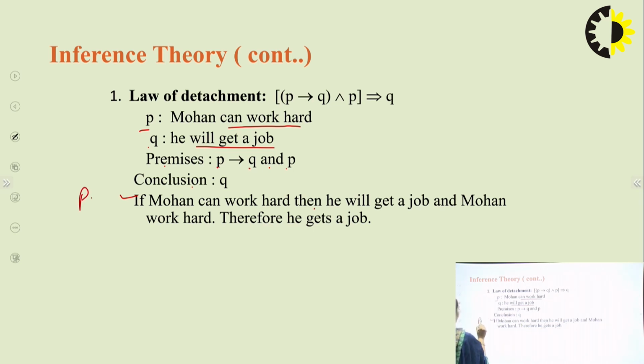It means P implies Q, right? And this Q is he will get a job. Therefore, he gets a job, right? This is the conclusion. You can directly apply modus ponens here, the law of detachment. You do not have to prove this law because it is already proved, fixed one. You can just apply it on questions like this.